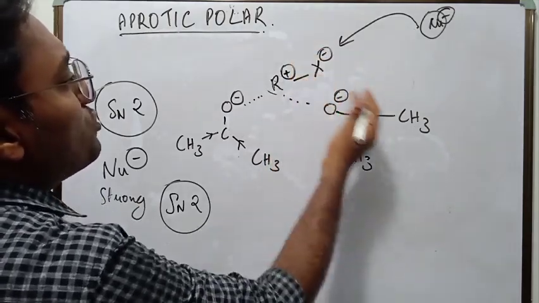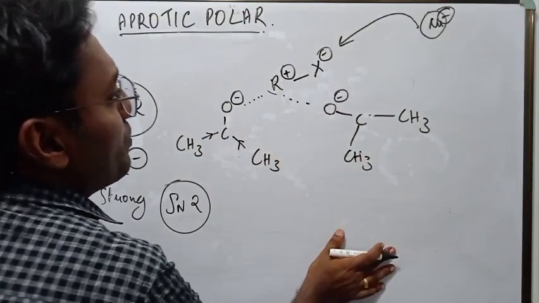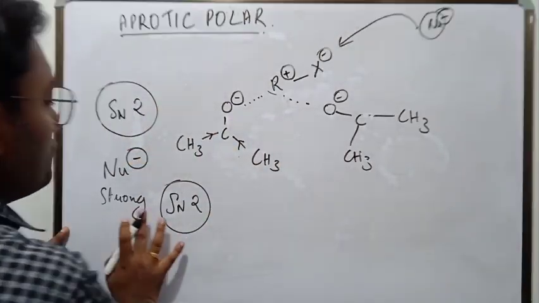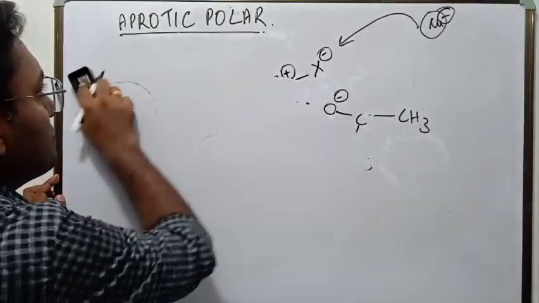Ionization is not possible because that much attraction is not being provided. So it will proceed through the SN2 mechanism in the presence of a strong nucleophile. Now that is for aprotic polar.